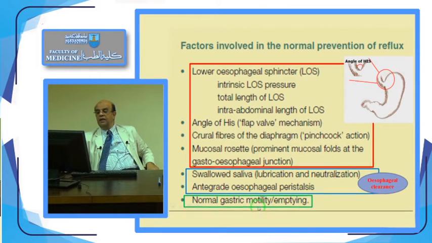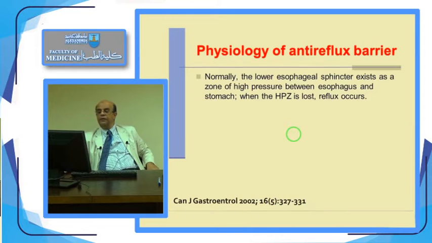Normal gastric motility and emptying prevent stagnation of food contents and gastric fluids in the stomach, which would make the pressure in the stomach higher than in the high pressure zone.